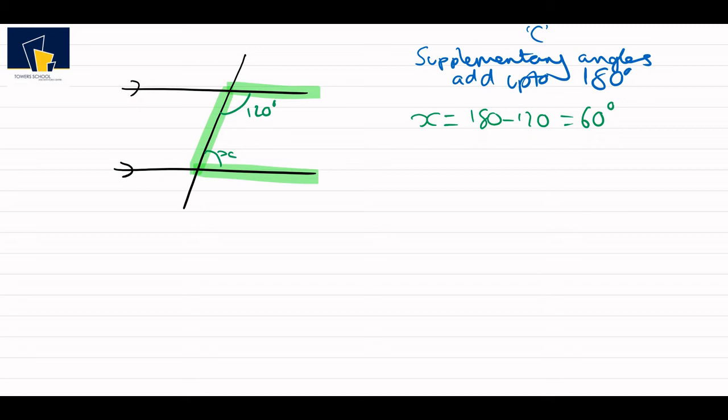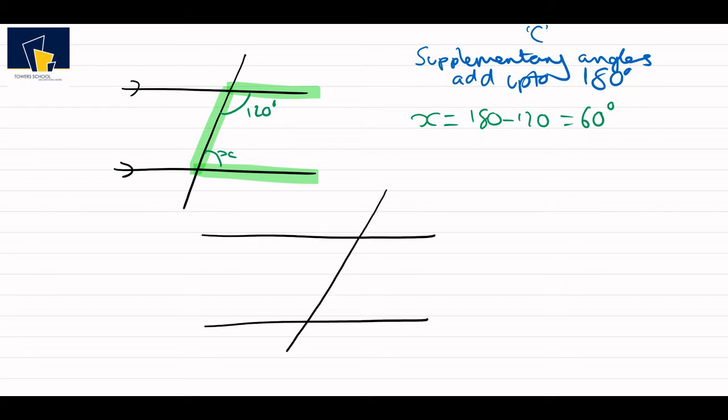Now, I'm just going to show you that you may well get something like this. Say parallel lines, and let's say you're given this one here, and you need to find this angle here.